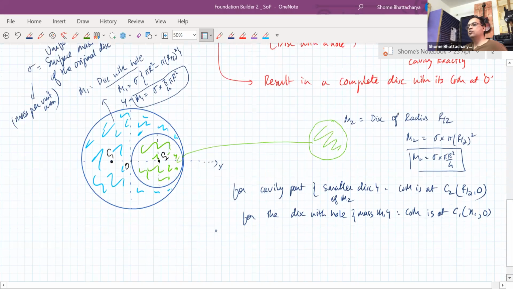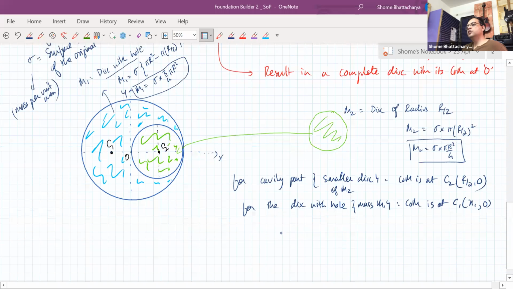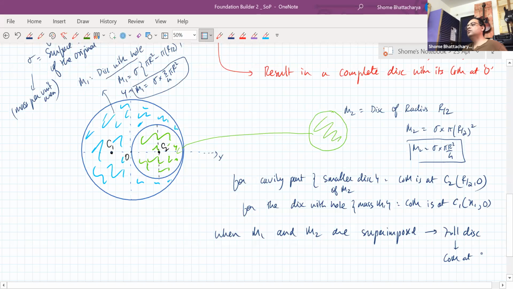But when M1 and M2 are superimposed, we get a full disk. So this full disk has center of mass at which position? The origin, that is 0, 0.